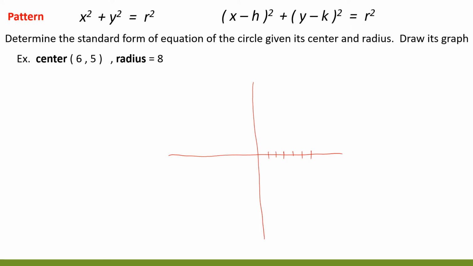And then 5 up. 1, 2, 3, 4, 5. So, assuming na ito ay equidistant. Pero syempre pa, sabi nga ng sir, mas maganda kung gagamit kayo ng graphing paper at saka ng ruler para mas accurate. Okay? Nasaan yung (6, 5)? 6 pa kanan, 5 pataas. Ibig sabihin, ito yung ating (6, 5). So, ito yung point natin para sa ating center na (6, 5).